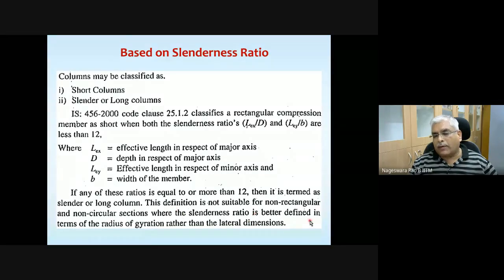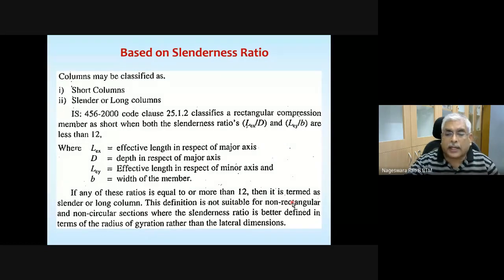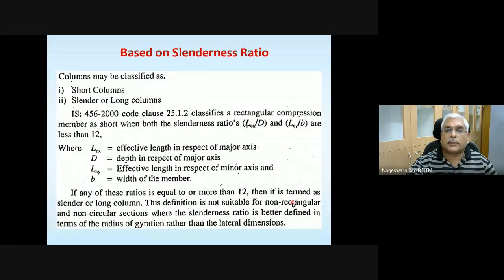Maybe we may not have time to go into detail on this statement. So the classification with respect to Lex divided by D, Ley divided by B may not be suitable for non-rectangular, non-circular cross sections.